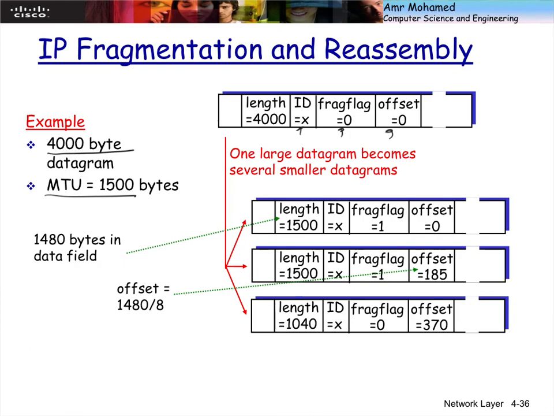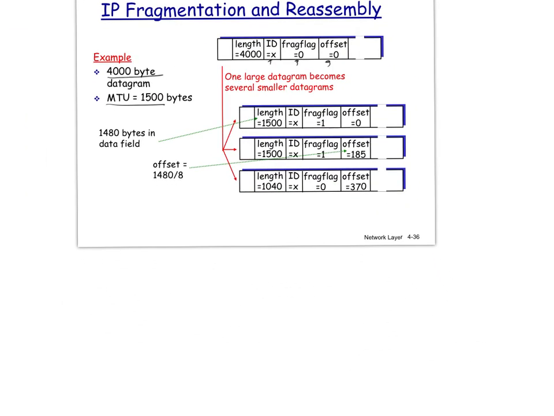Now, how do I perform this fragmentation procedure? First, I have to have the value of the identifier for each fragment, the value of the fragment flag, and what we call the frag offset. So what is the value in each of these fields? The idea is simple. I will eventually group all these fragments based on the identifier, which means all of them need to have the same identifier.